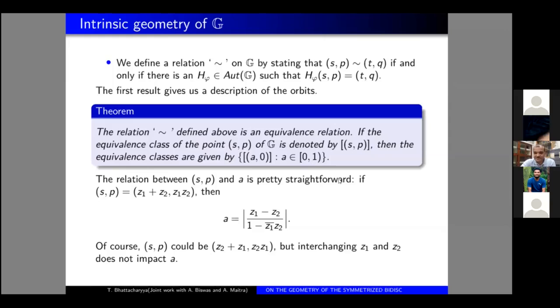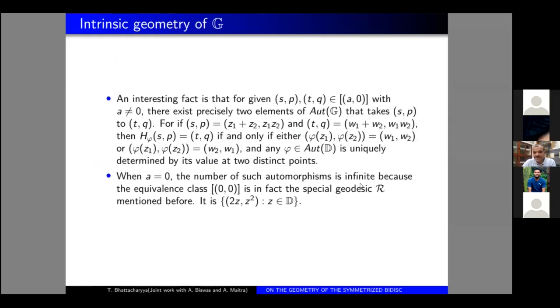Okay. Some trivia. If you take 2 points, SP and TQ, in the fiber over A, where A is not 0, A strictly between 0 and 1, then there are exactly 2 automorphisms interchanging SP and TQ. That's easy to see. However, when A is 0, so the point (0, 0) is in the symmetrized bidisc, look at the fiber over (0, 0).